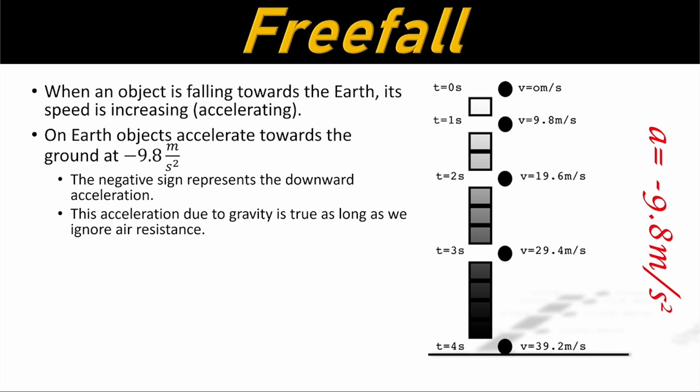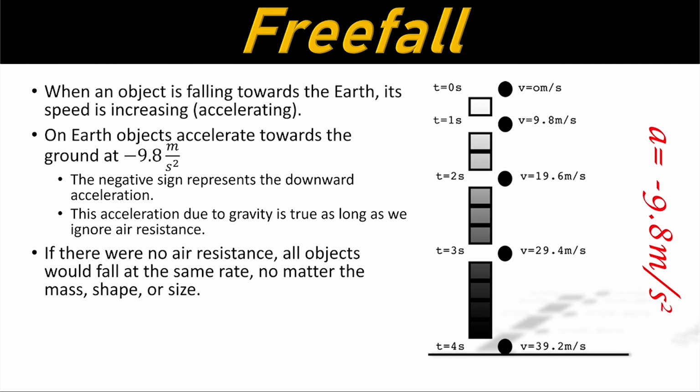Now, this acceleration due to gravity is only true as long as we're ignoring air resistance. And that's one caveat that a lot of people seem to struggle with, because we know air plays a role in how objects fall. But if we were to remove all the air, everything would fall at the same rate, which is negative 9.8 meters per second squared.